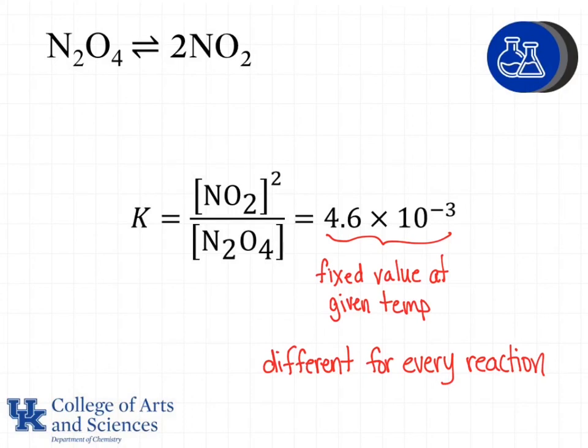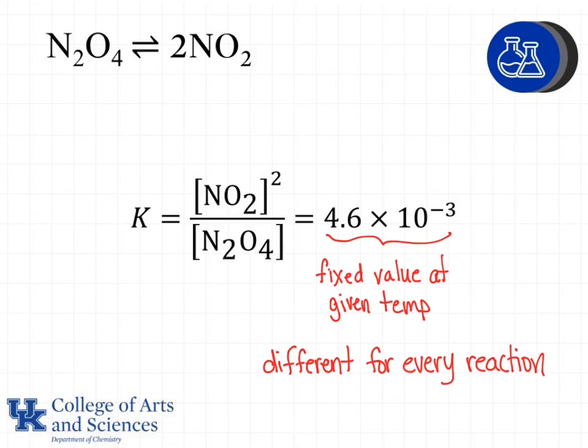Let's look at the value of K here. We have 4.6 times 10 to the minus 3. So this is a very small number, much less than 1. What this tells us is that the denominator is larger than the numerator. In this case, the amount of NO2 is very small, and the amount of N2O4 is very large, because this would lead to a value much less than 1.